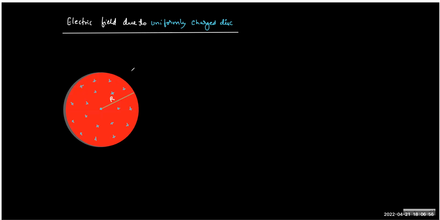So here, first of all, when I say disk without any mention, the disk will be treated as a non-conducting disk. And non-conducting disk means the charge is all over the thickness.